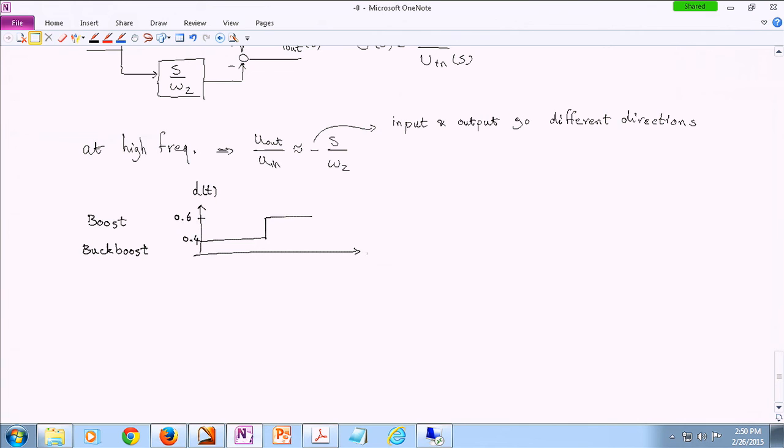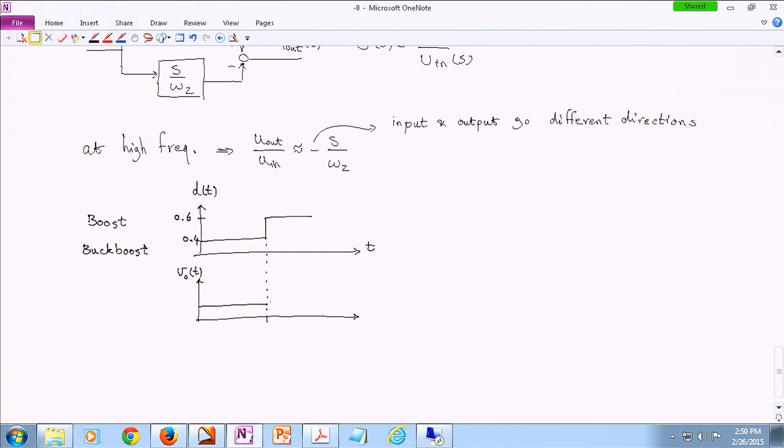Okay. The output voltage that you're going to observe, generally speaking, remember in all of these converters, if the duty cycle increases, the output voltage also increases, right?